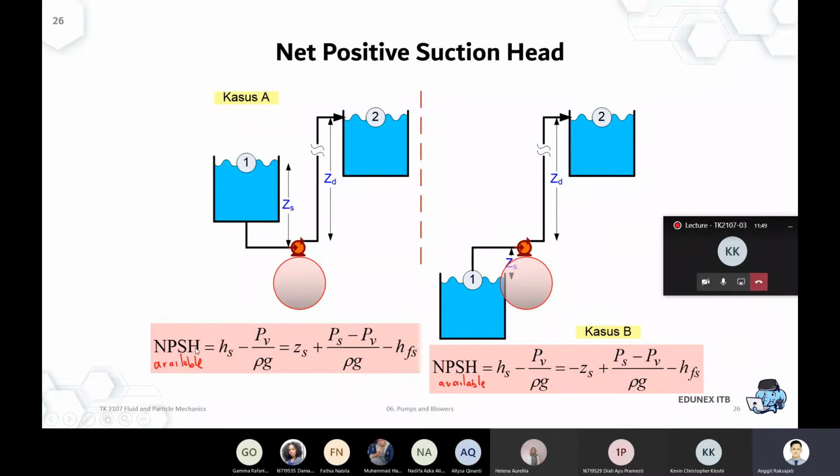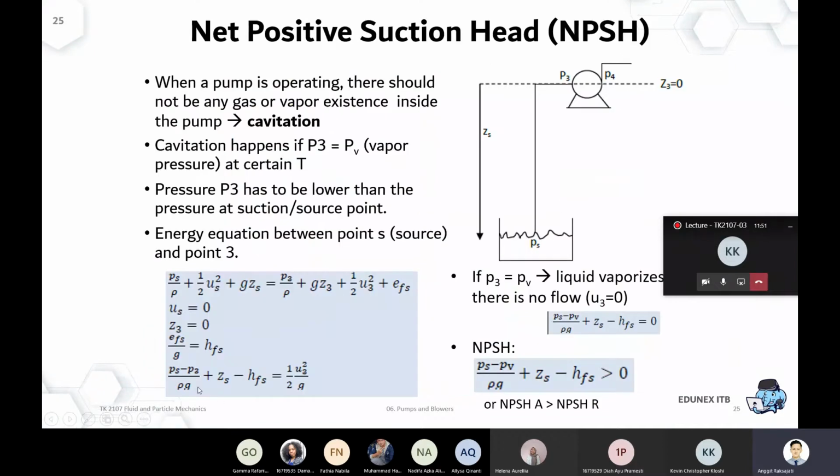Okay, so if we go back to the previous slide from yesterday, usually we start with the ideal pump. Maybe we can say that it's an ideal case where we can ensure that no vaporization will happen if we make sure this part is above zero. That's the delta between the suction pressure and the vapor pressure, plus or minus the elevation of the tank versus the pump, minus the friction between the source and the suction part of the pump.